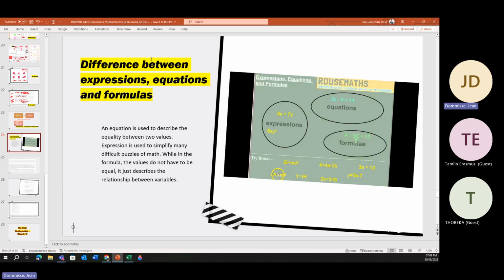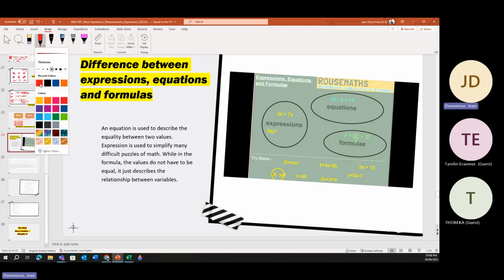First we look at the definition of expressions, equations, and formulas. If they really would ask this in an assignment, it might be for a definition kind of question. I have seen that they do things like that. So an expression is where you just say something, like 3x plus 7y.